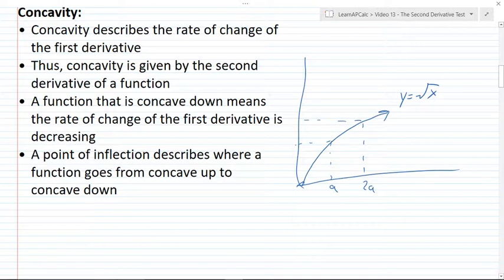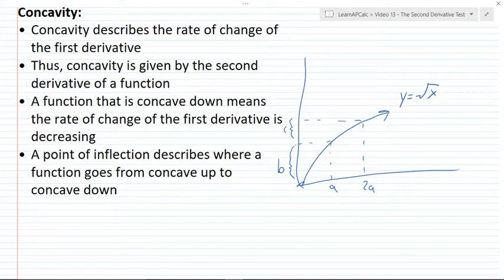If we're going from A, and so let's say that this is B and this is C. If we're increasing at a decreasing rate, C should be smaller than B, or we're essentially increasing less for each set amount, which would be concave down.